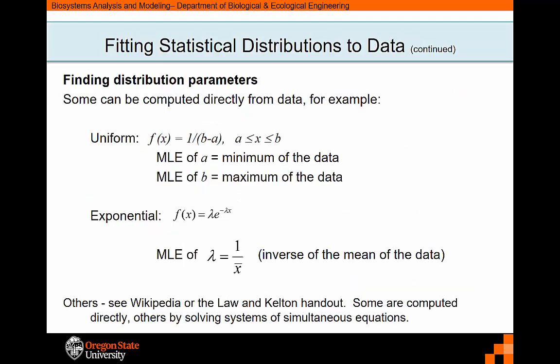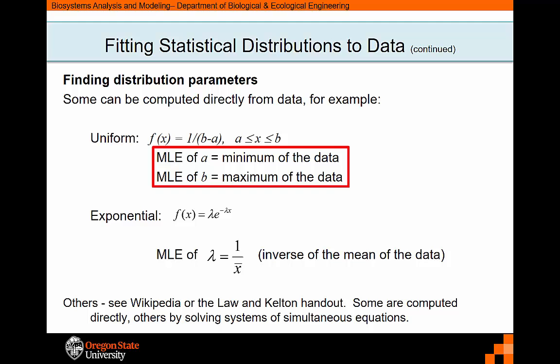Here's some simple examples of fitting a particular distribution. In the case of the uniform distribution, we need to fit two parameters, the minimum and the maximum of the data, parameters A and B, shown here. The maximum likelihood estimator, meaning the best fit value, is found simply by extracting the minimum and the maximum value from the dataset being fitted.